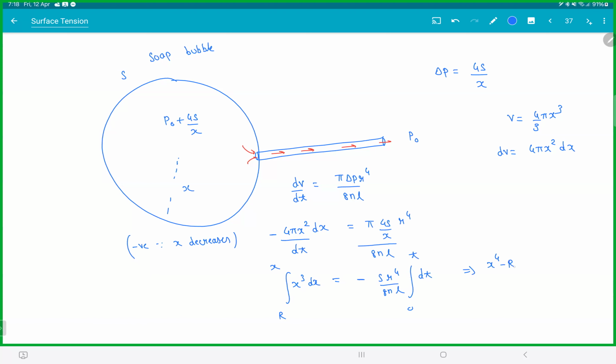The x power 4 minus R power 4 by 4 is minus S r power 4 times t by 8 eta L. There you get the value of x from here. Check. Easy. So you can use Poiseuille's equation and the surface tension's excess pressure, and you can relate both of them.